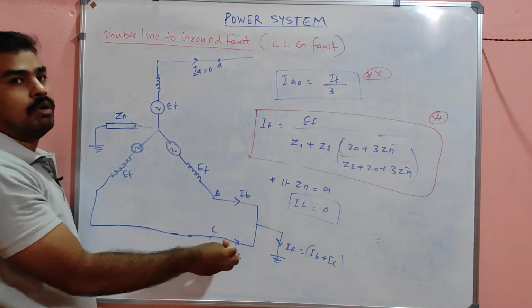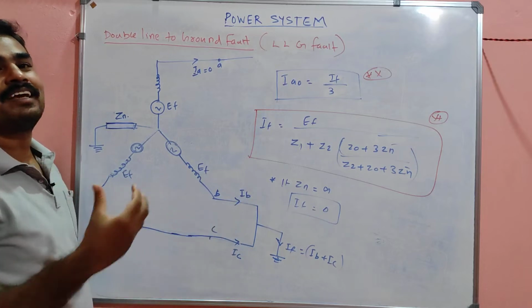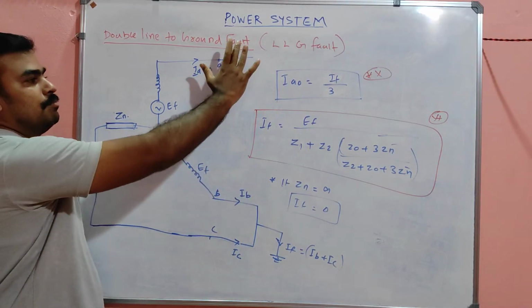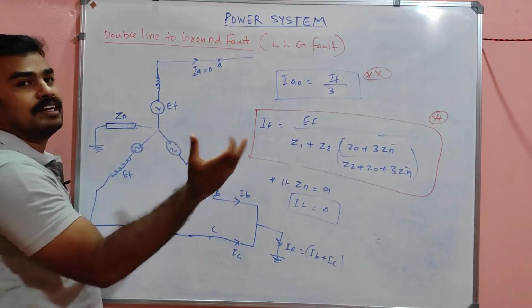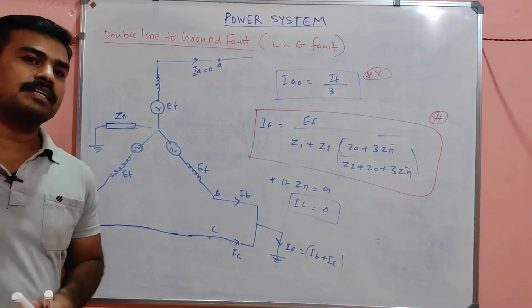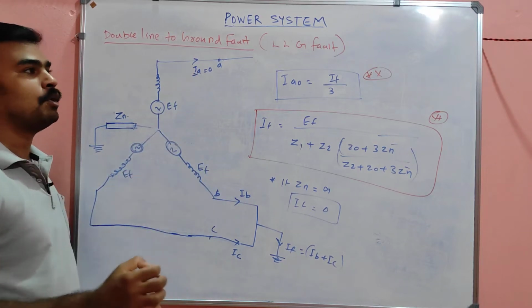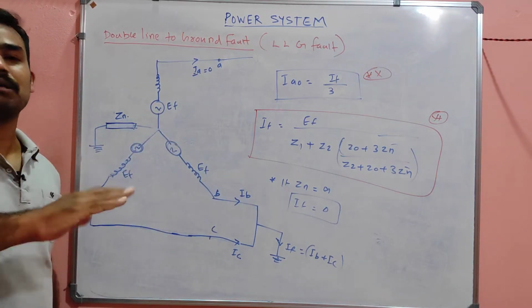For analysis purposes, we are assuming there is no load connected to the power system. The terminals of the alternator are open circuit, so IA equal to IB equal to IC equal to 0 before fault, as I already said.